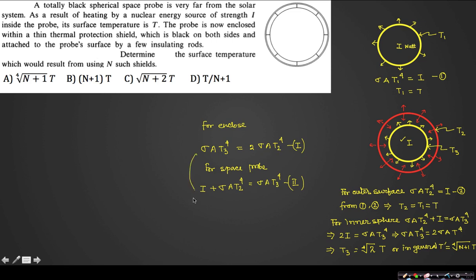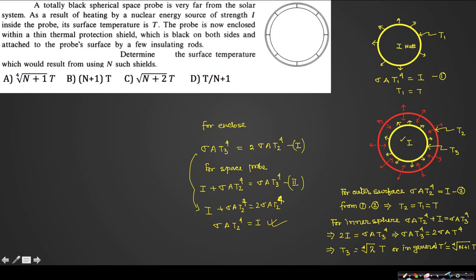If you combine these equations, then I plus sigma A T2^4 is equal to 2 sigma A T2^4. From here also you can say sigma A T2^4 is equal to I, right? So that is the same equation I have written here.